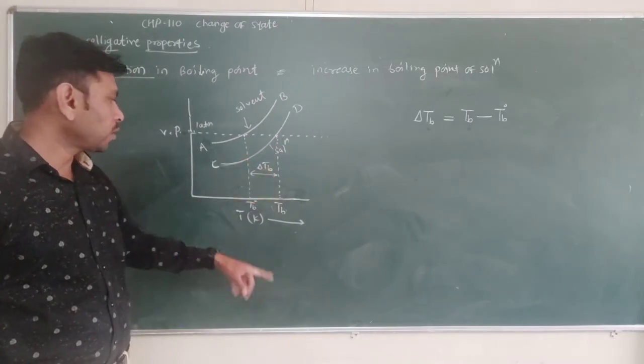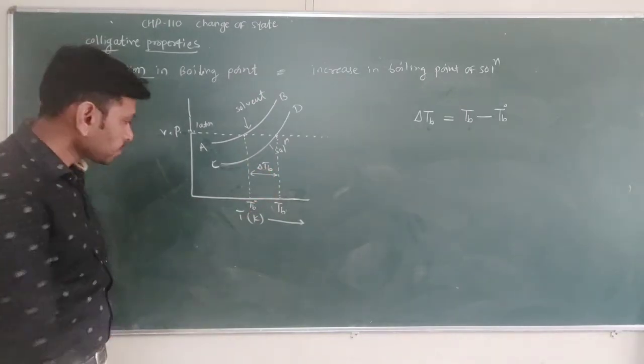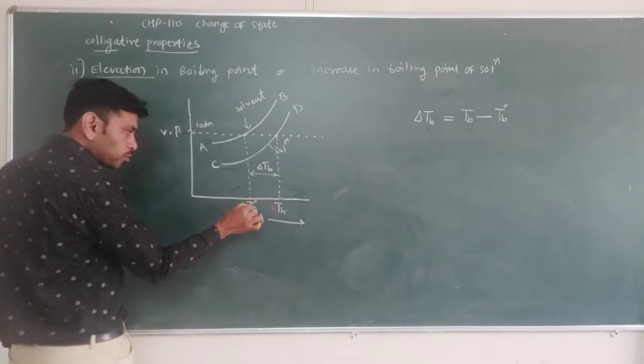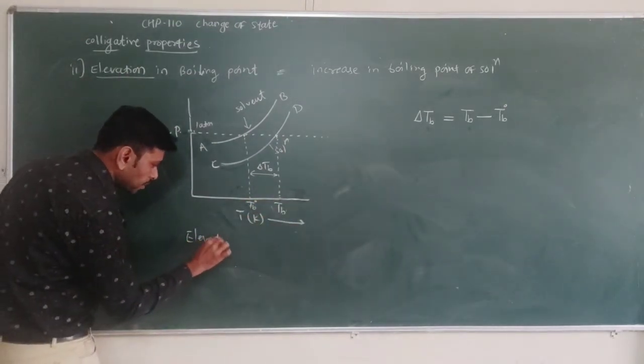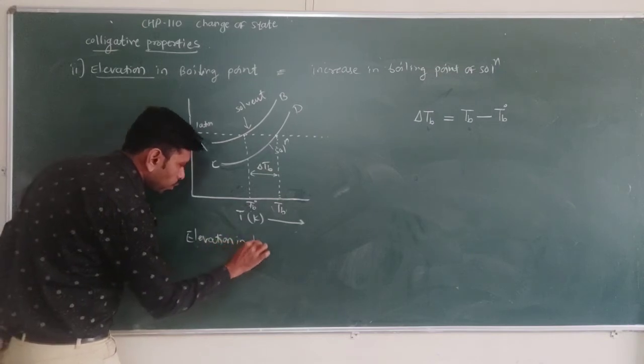So this graph represents elevation in boiling point, and from it we get the boiling point of solvent and the boiling point of solution.